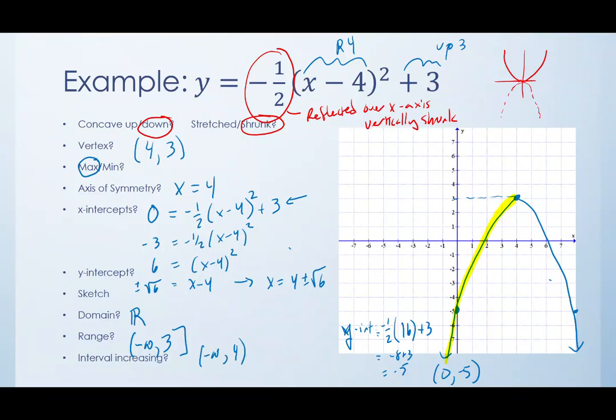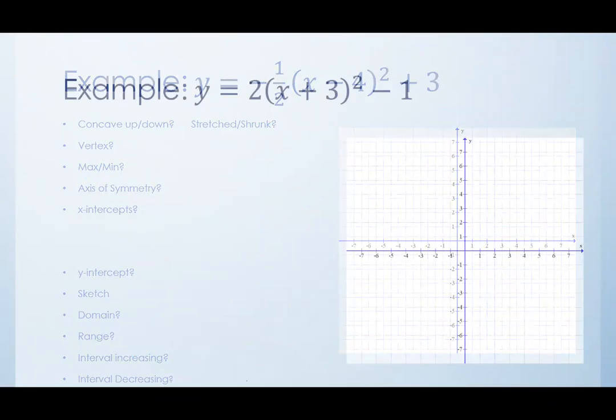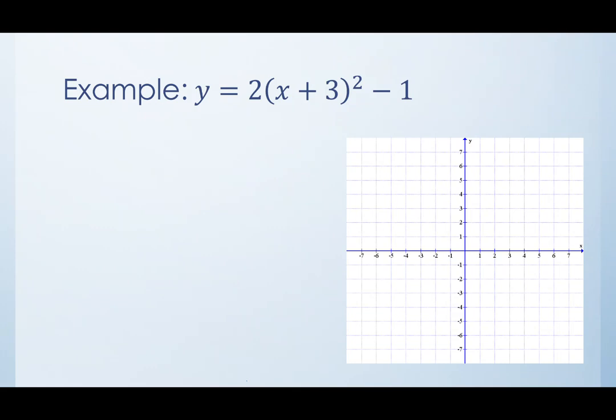Remember that these are x intervals. And it's decreasing from 4 to positive infinity. And remember, 4 is not included on either of those intervals, because at exactly 4, it's neither increasing nor decreasing. That tangent line has 0 slope. Okay, and we're at 7 minutes, so we'll stop this one.